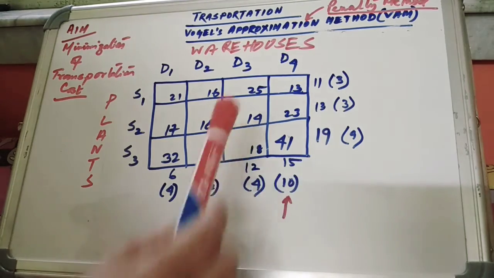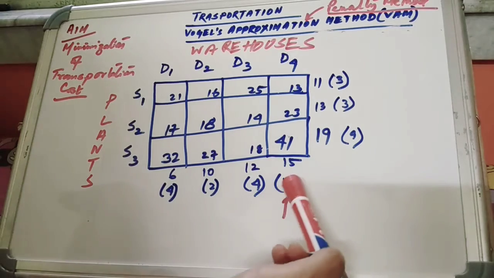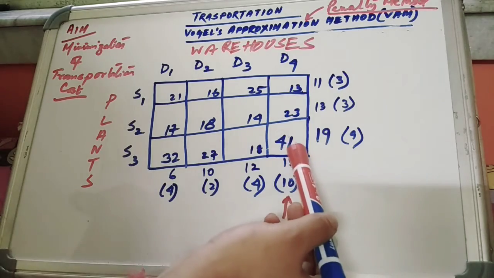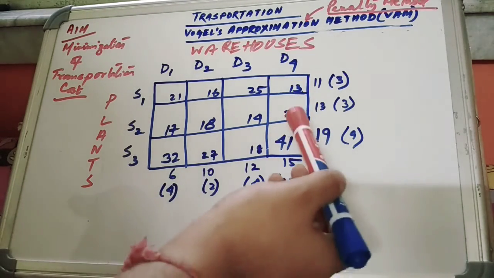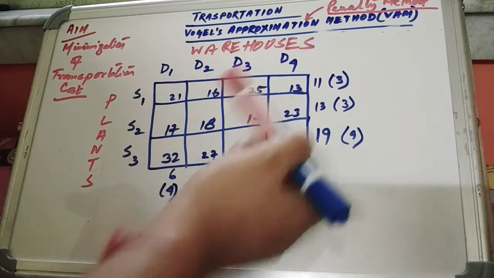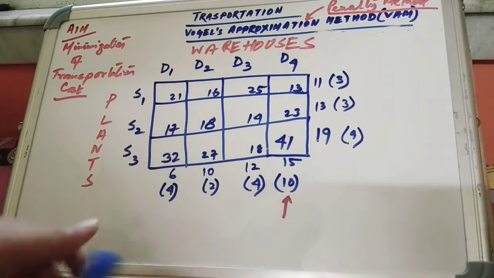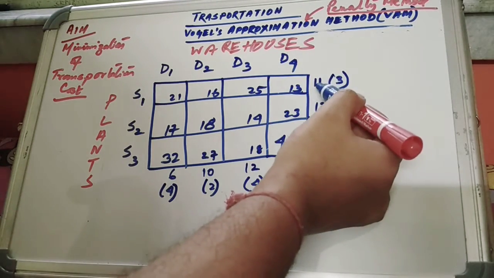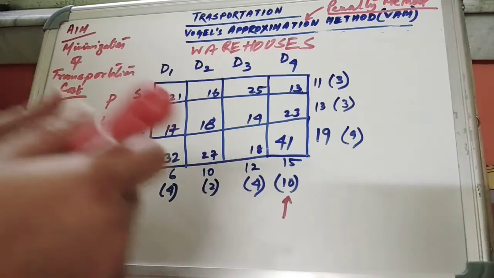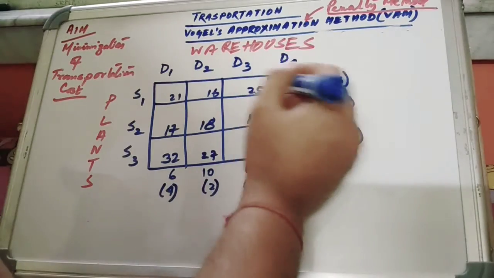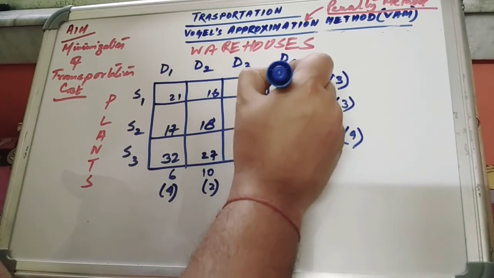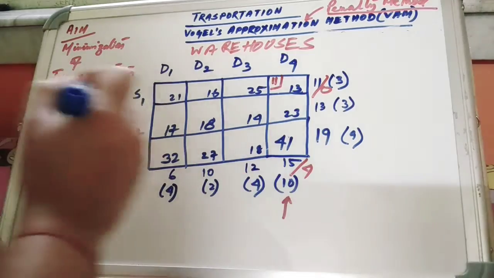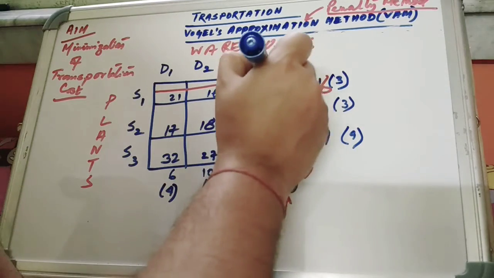After selecting it, you have to locate the least value in that column or row. In this column, the minimum value is 13. So you have to allocate demand and supply accordingly. Now you can see 11 is here and 15 is here, so you can easily allocate 11 over here. That's because it is the least one, and this becomes 0 and this becomes 4. So you can strike this whole row out.